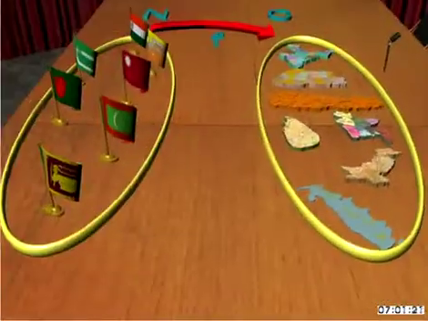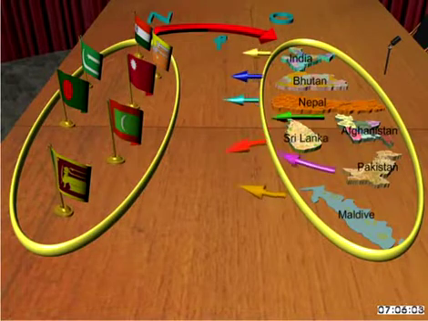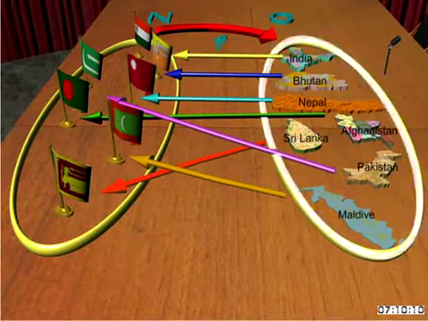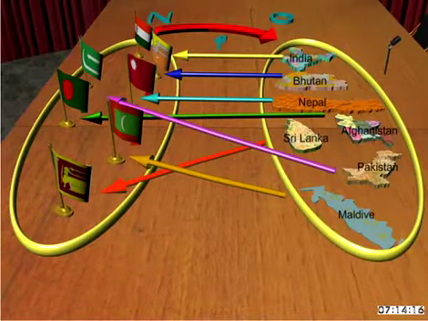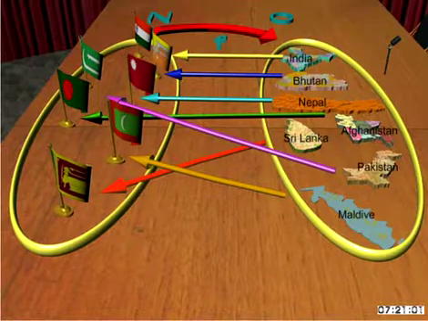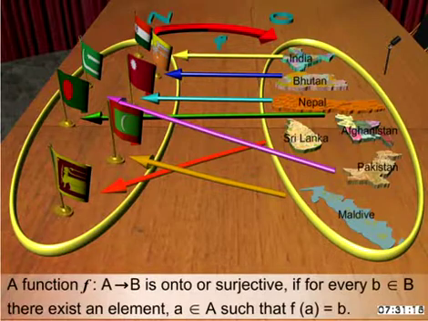Then any element in the codomain O, being a country, must have its national flag, that is, every element of set O will have a unique pre-image in set N. Thus, if every element in the codomain has a pre-image, then the function f is said to be an onto or surjective function. For such a function, the range of the function is equal to its codomain.